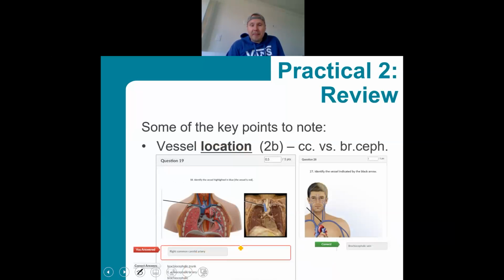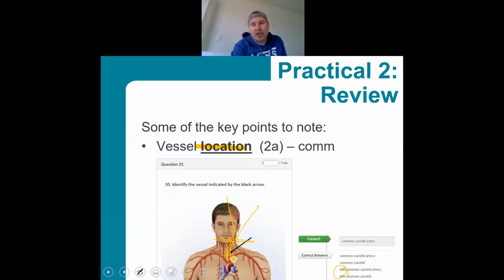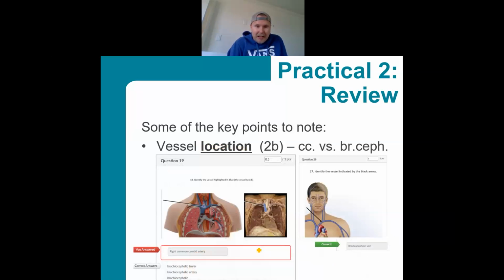Here are some other examples of locations. Two times students told me that this structure here was going to be common carotid artery. Of course, we remember that common carotid artery covered the neck region, so it would not be that. What we were seeing there instead was the brachiocephalic artery.